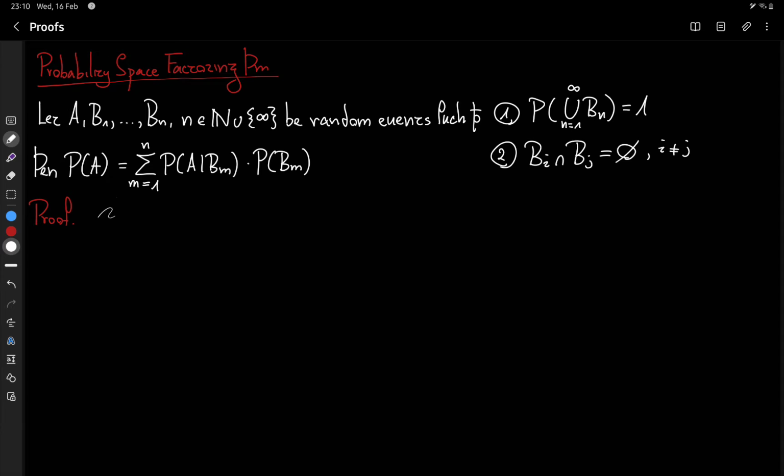Well, we observe that we can write P(A) equal to P of A intersected with the union of all the Bn's, united with A intersected with the complement of this set.